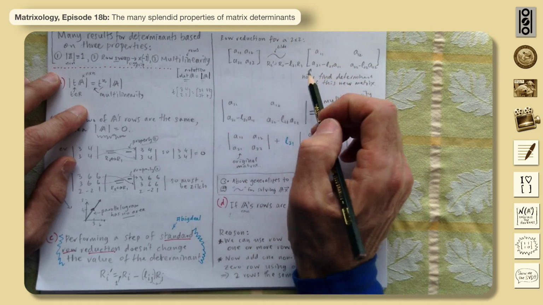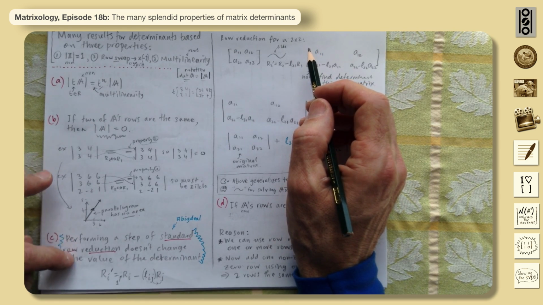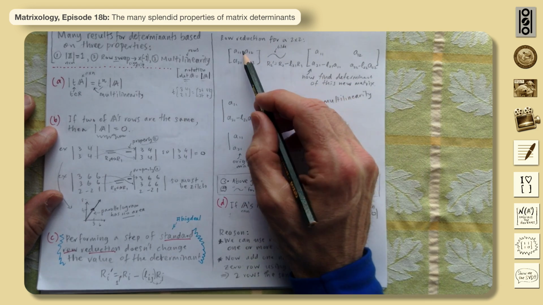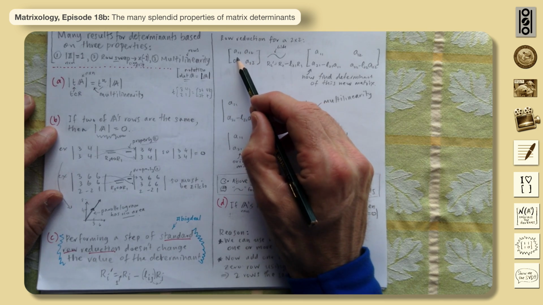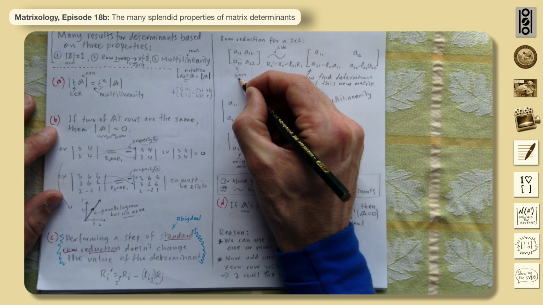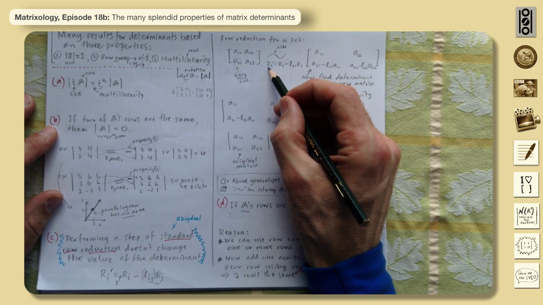So here's a little 2 by 2. It's an abstract one, and let's get a glimpse of how this behaves, right? So again, our old row operation story. We've got A, just an abstract 2 by 2, and we're trying to zero this out. Here's the lineup.